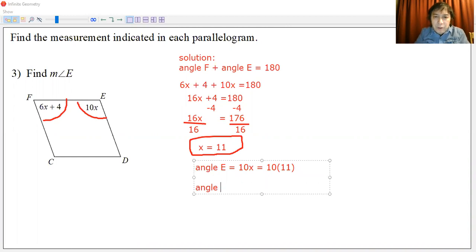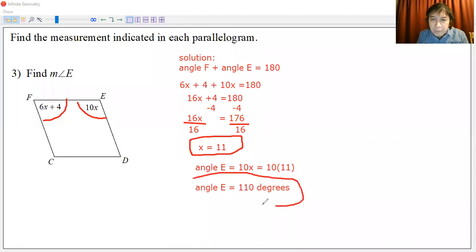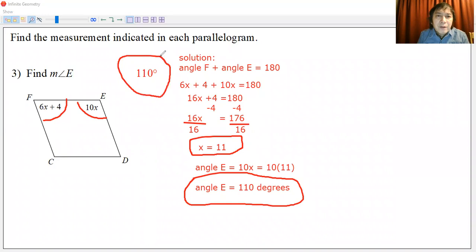So angle E is equal to 110 degrees. This is the answer. Let's verify from the computer the measure of angle E. It's 110 over here.